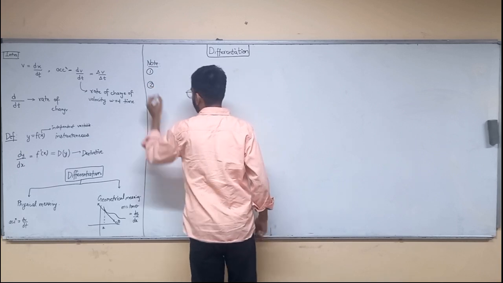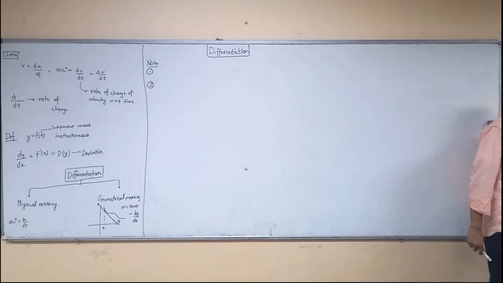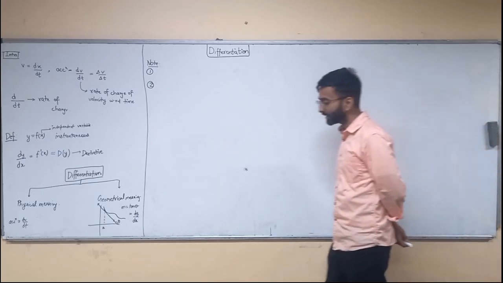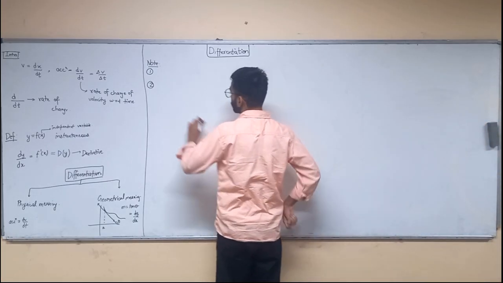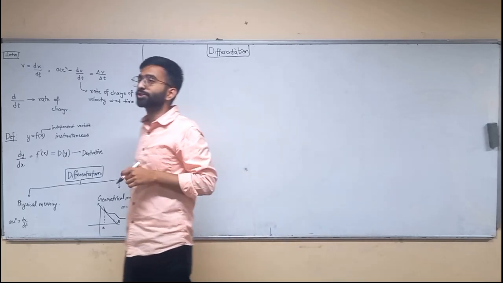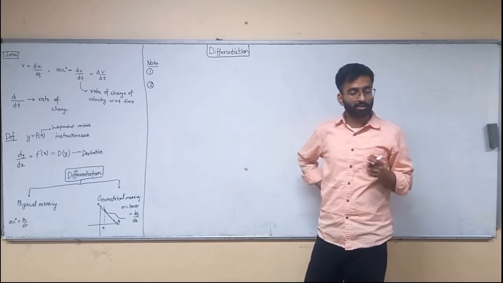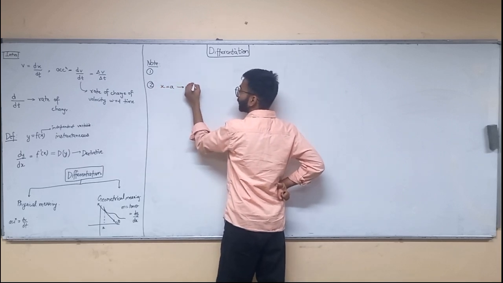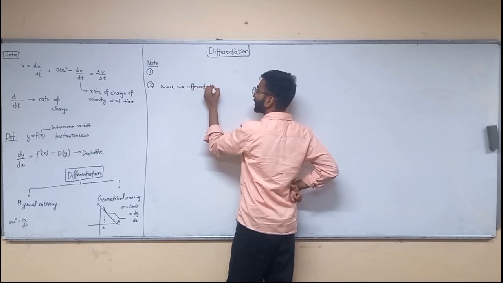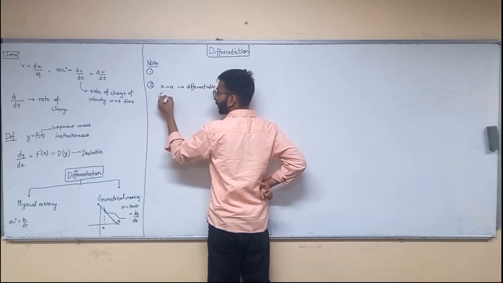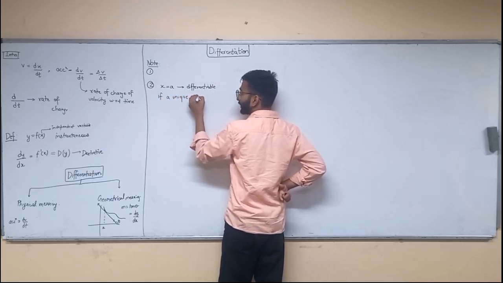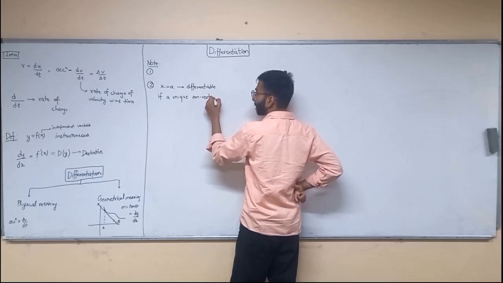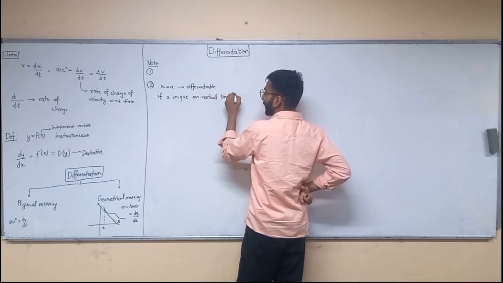So write down the second note. A function is said to be differentiable at x is equal to a if a unique non-vertical tangent exists.